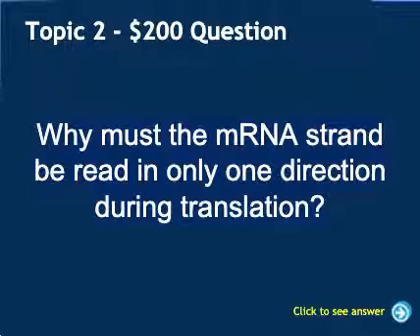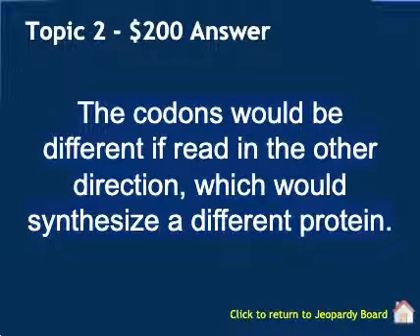Why must the RNA strand be read in only one direction during translation? That is because the codons would be different if read from the other direction, which would synthesize a different protein. So think about reading a book backwards, it just wouldn't even make sense.